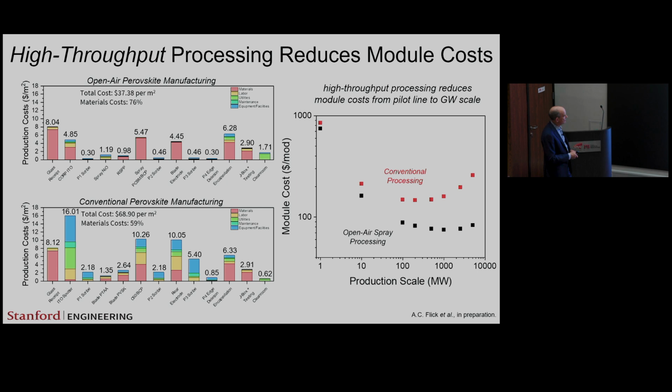And you can see that in the open-air process, things like the ETL layer, the cost, if you have to pull vacuum or do other forms of evaporation, is significantly higher than if you can do spray processing in open air. So, again, ITO sputtering is much more expensive compared to being able to do it in an open air environment. So there's a lot of advantages here, and it allows us to understand the module costs, and we can do it also at production scale.